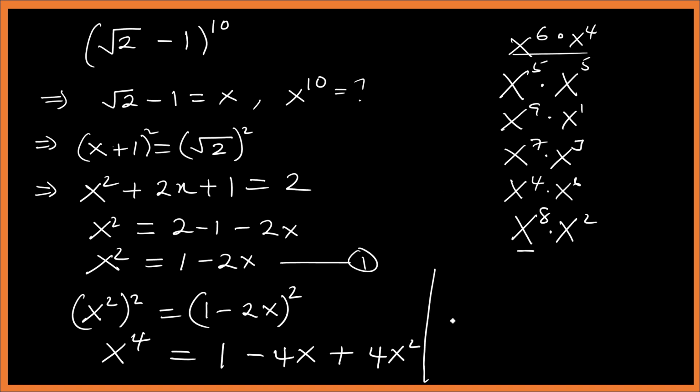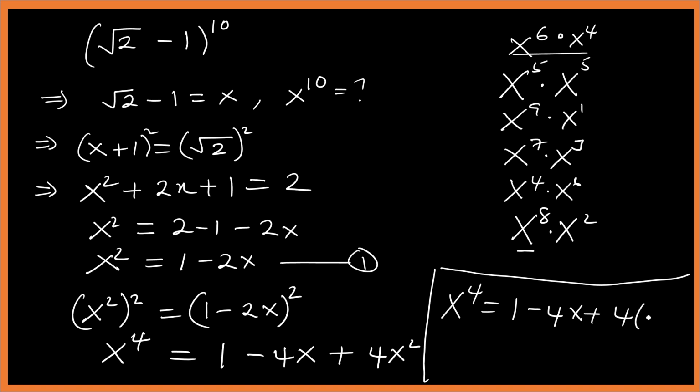But we have x squared as 1 minus 2x, so we can do substitution. So x to the power 4 is 1 minus 4x plus 4 times (1 minus 2x), which is 1 minus 4x plus 4 minus 8x.